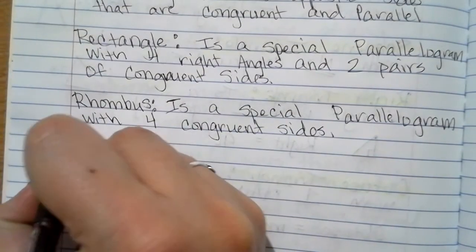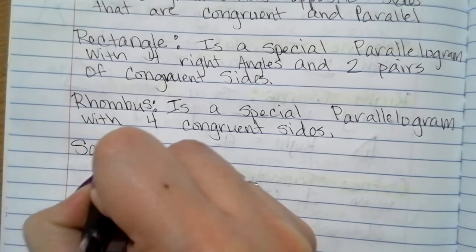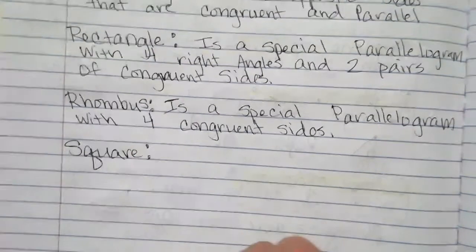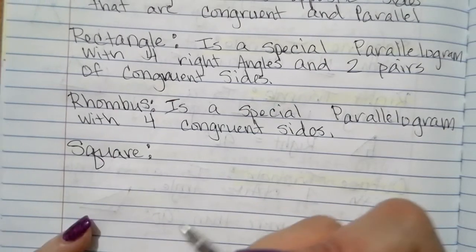And then the last one that we're going to write is a square. And it's a special parallelogram with 4 congruent sides and 4 right angles.